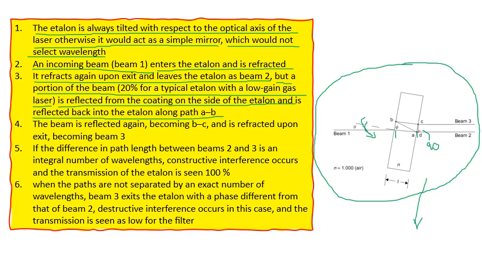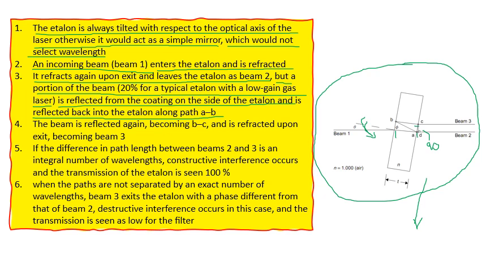And is refracted, okay, from here again. And it forms a beam 3. Okay. Beam 1 enters, refracted here, beam 2, and the part of this one is reflected from here and reflected from here, and from here is reflected, and it becomes a beam 3.